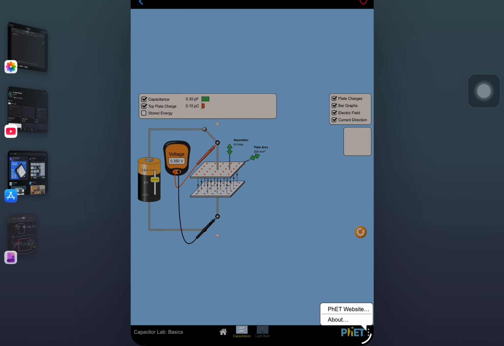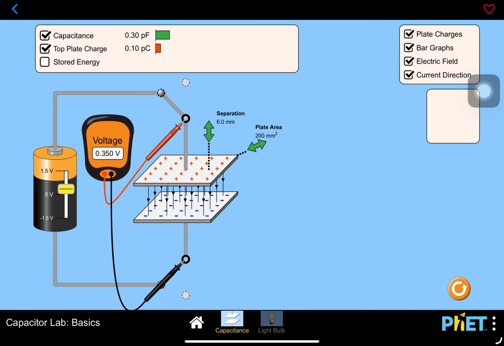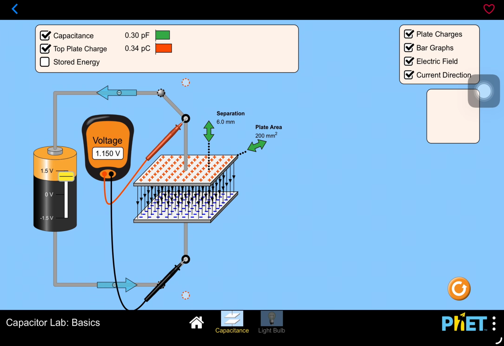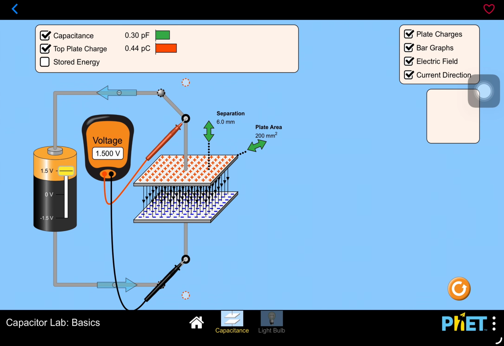But it really doesn't matter. Right, and so like we said, these plates are unchanging, so we expect the capacitance to be fixed. But as we increase the potential, we get more and more charge, and that gives us more and more of an electric field. And so that kind of agrees with the equation C equals Q over V.